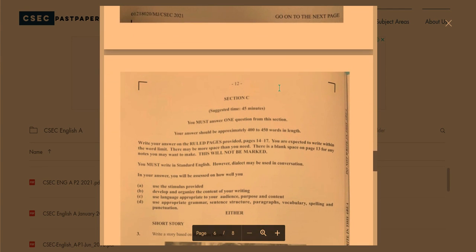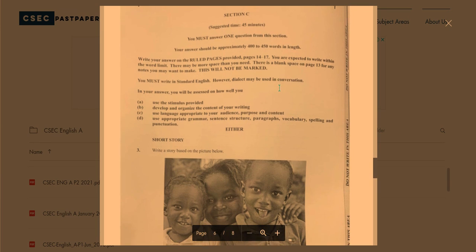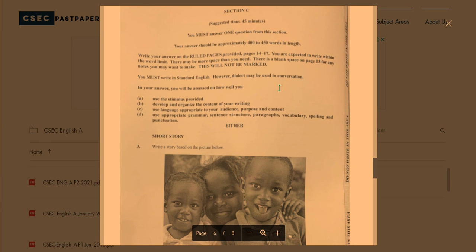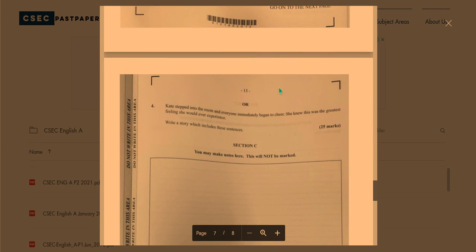The next aspect of the paper is Section C. This is what we refer to as the narrative or the short story. For this aspect of the paper, you are required to choose one question.